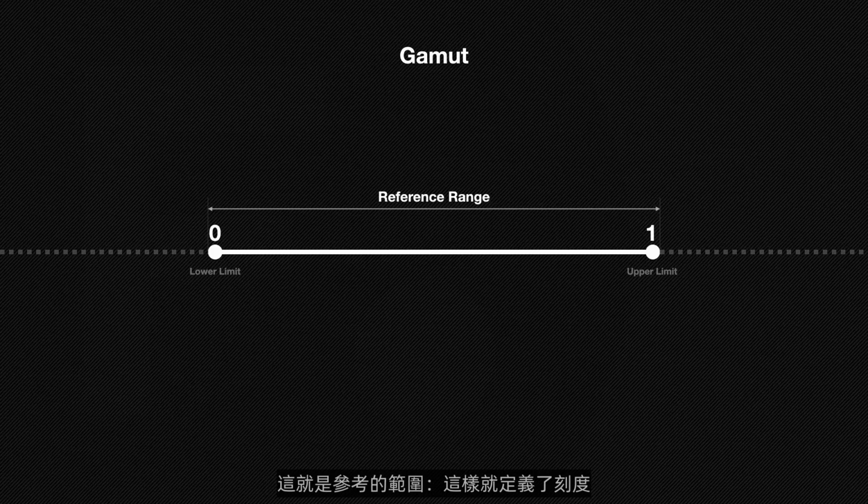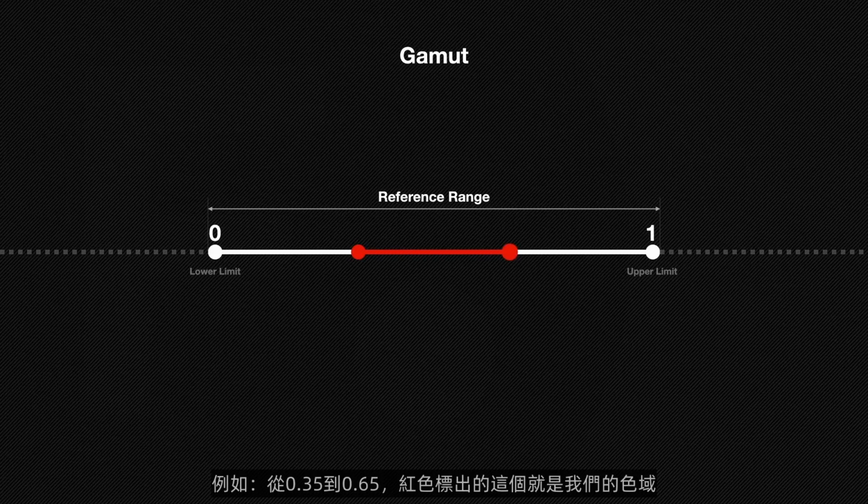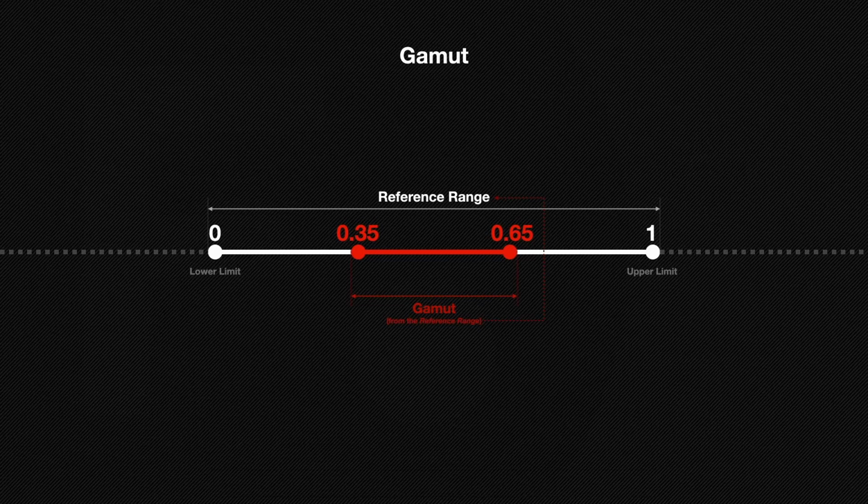This defines our scale. Once we have the layout of scale, we are going to establish the range of our target gamut. For instance, from value 0.35 up to 0.65. This red one will be our gamut.